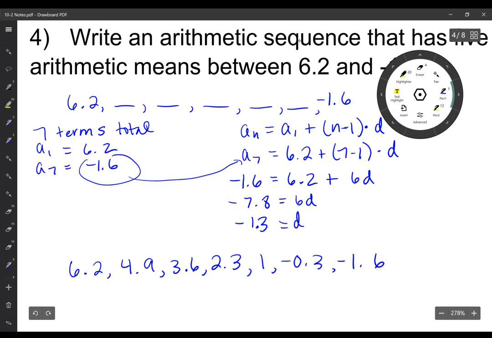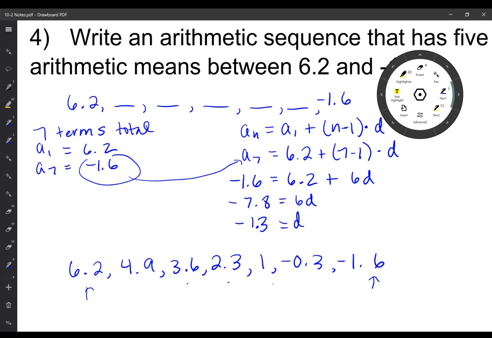So here are those 2 terms that I started with, and then I do have 1, 2, 3, 4, 5 in between, just like I wanted. So that's an arithmetic means. We're trying to come up with those other terms to make our pattern work.